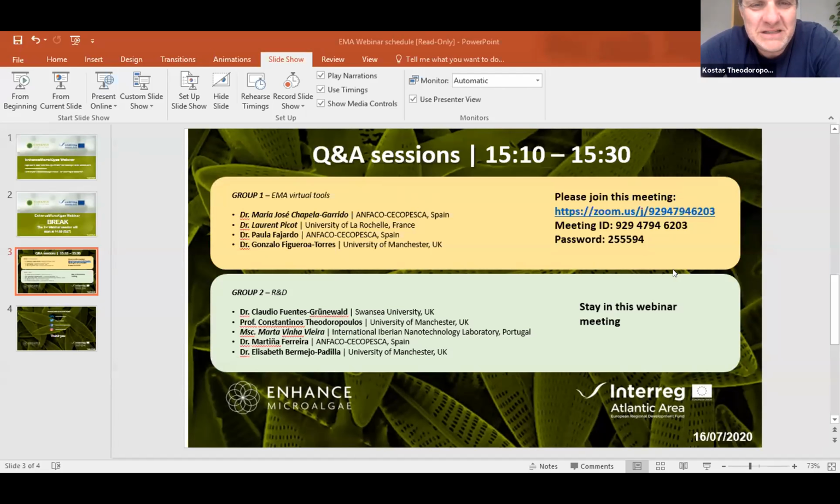Okay, so I understand that we should stay in this one. Yes, group 2 is R&D. Group 1 is tools, right? The main idea was for speakers of session 1 to be in the session 1 breakout and speakers of session 2 to be in the session 2 breakout.